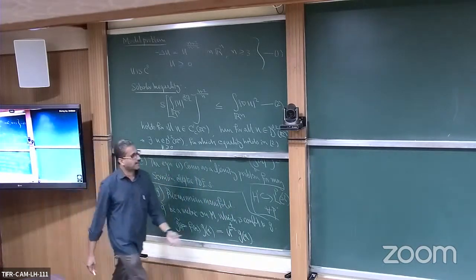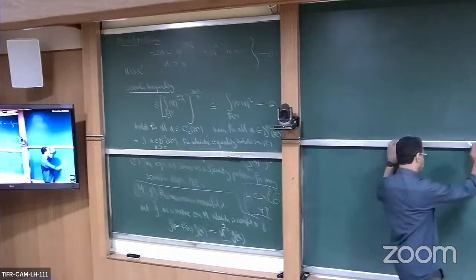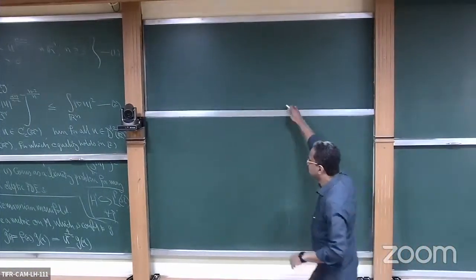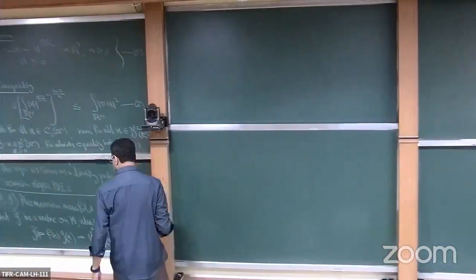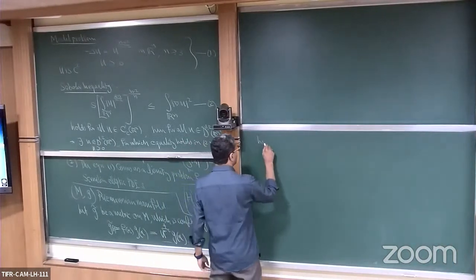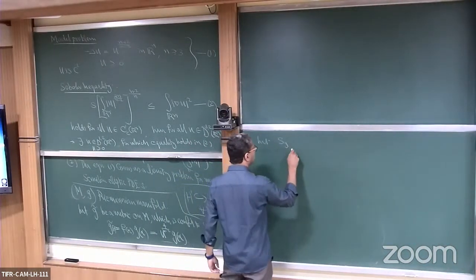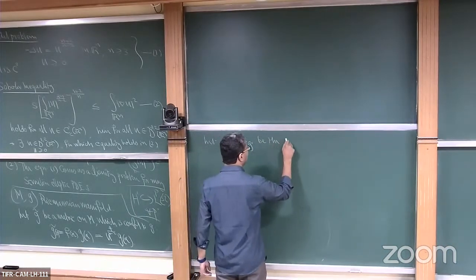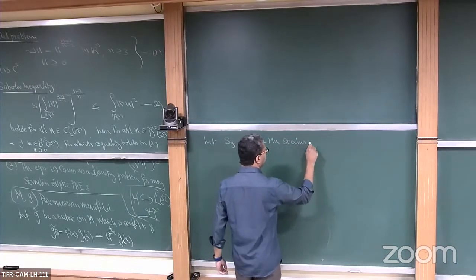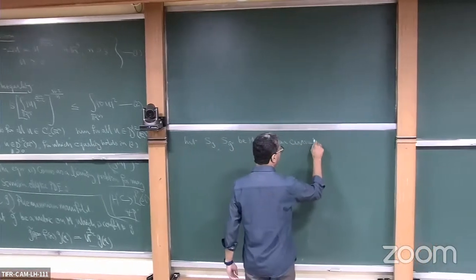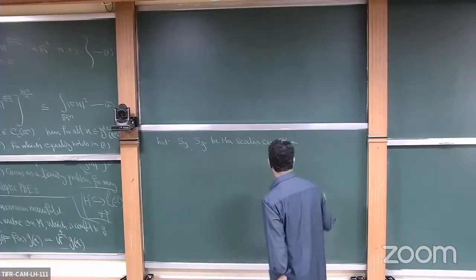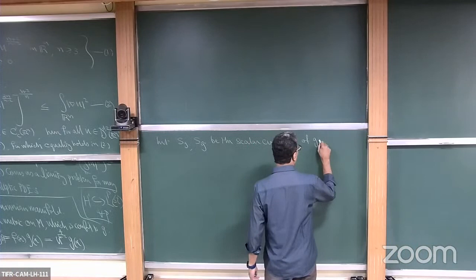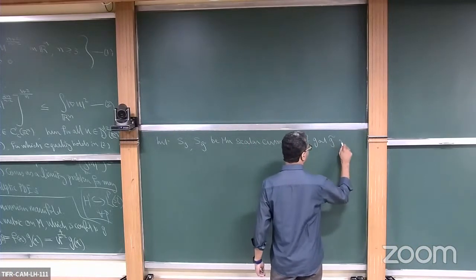Now these metrics have a curvature, what is known as the scalar curvature. I'm not going into the detail of what it is. So let me write the scalar curvatures of G and G tilde respectively.